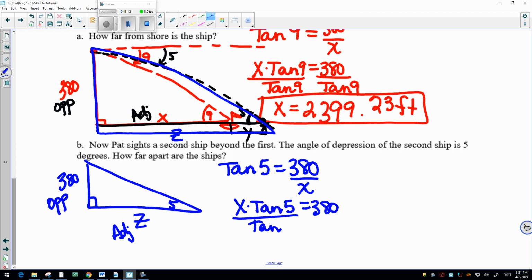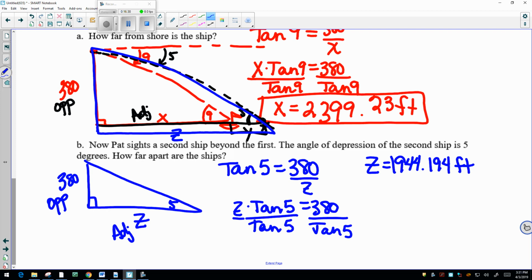Divide through by that tangent of 5. And once we plug that into the calculator, ooh, I should have used Z. Let me change this so that we're not confused. That's a Z. And over here, this should be Z because that's what we're solving for. So what we've just found is Z is really 1944.194.